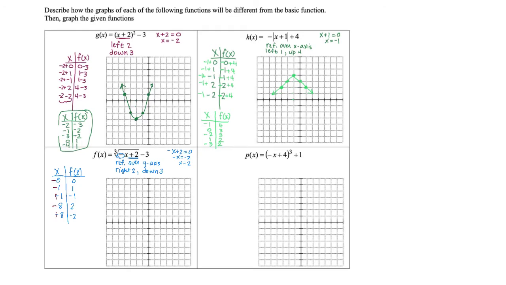So there's our changing our signs. And then right 2, so we're just going to add a 2 to each one. And then down 3, so we're going to subtract 3 from each one. Now build you a new T-chart.